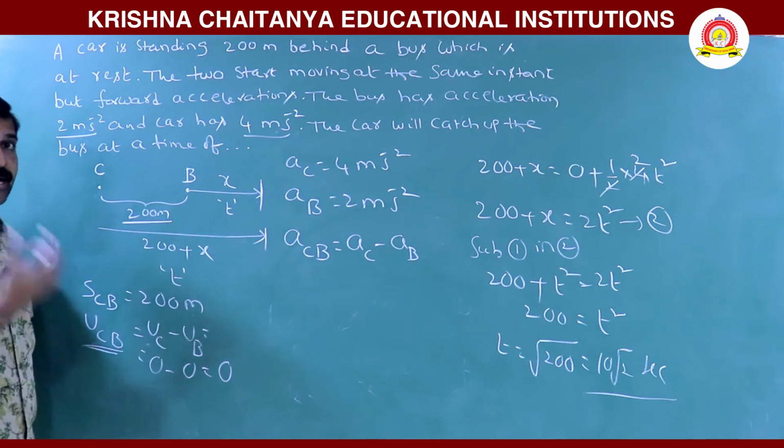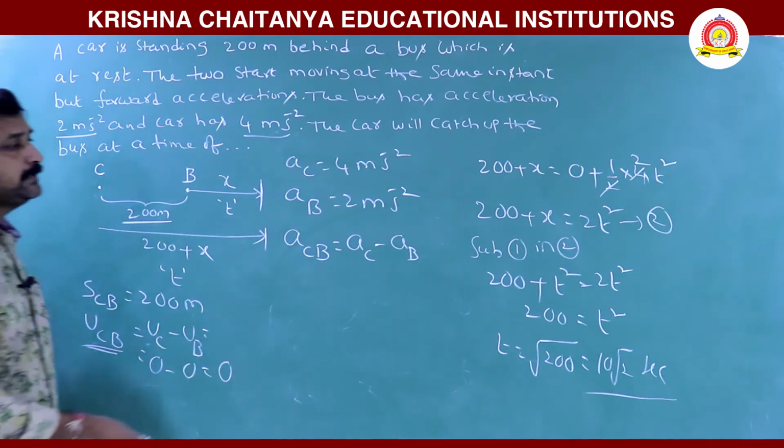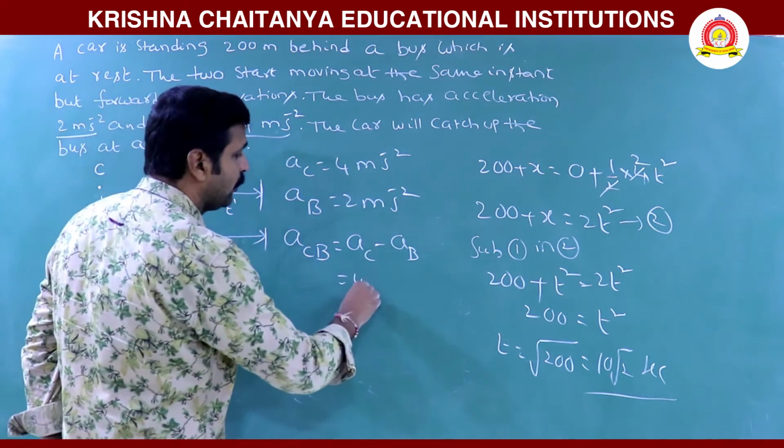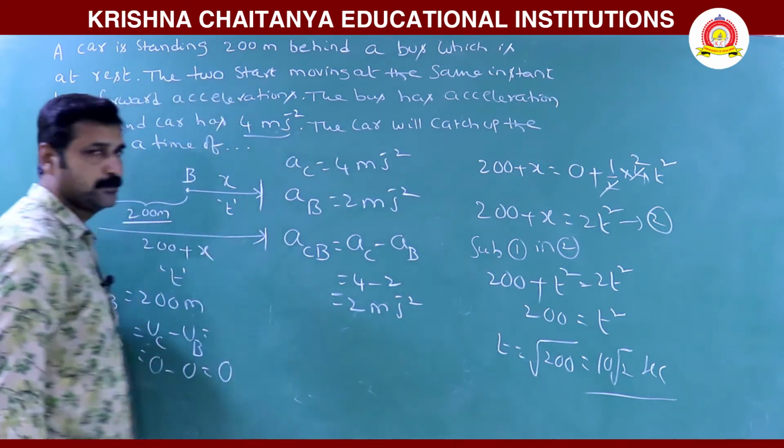With what extra acceleration does the car move? That is the relative acceleration. So AC minus AB is 4 minus 2, 2 m/s squared.